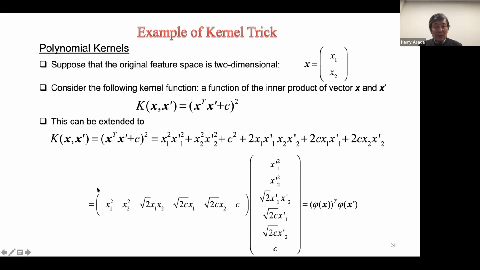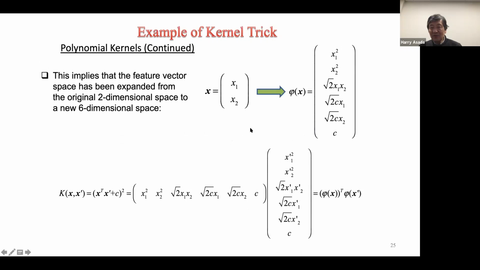So if you define this one to be your new phi x vector, and this one to be the phi x prime vector, we have successfully expressed this kernel function as an inner product of the expanded vector phi x. Please do this on your own.